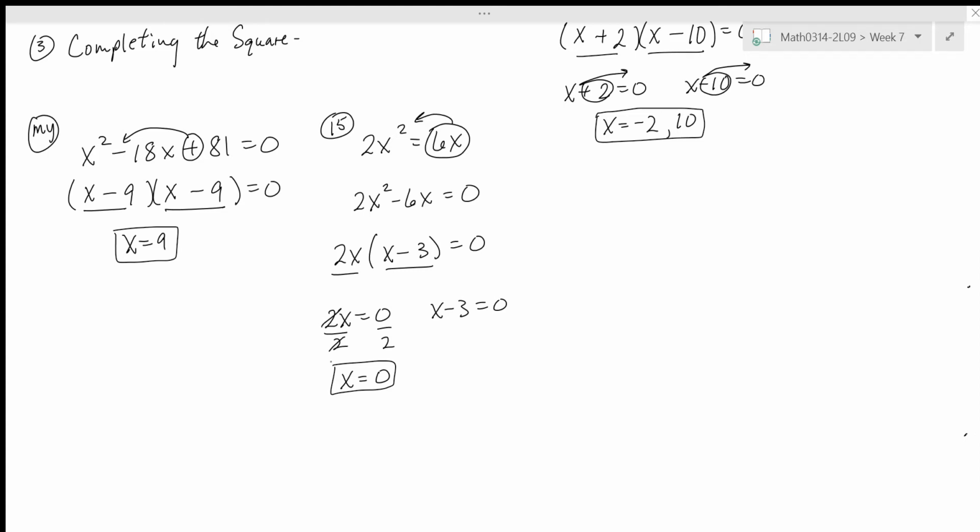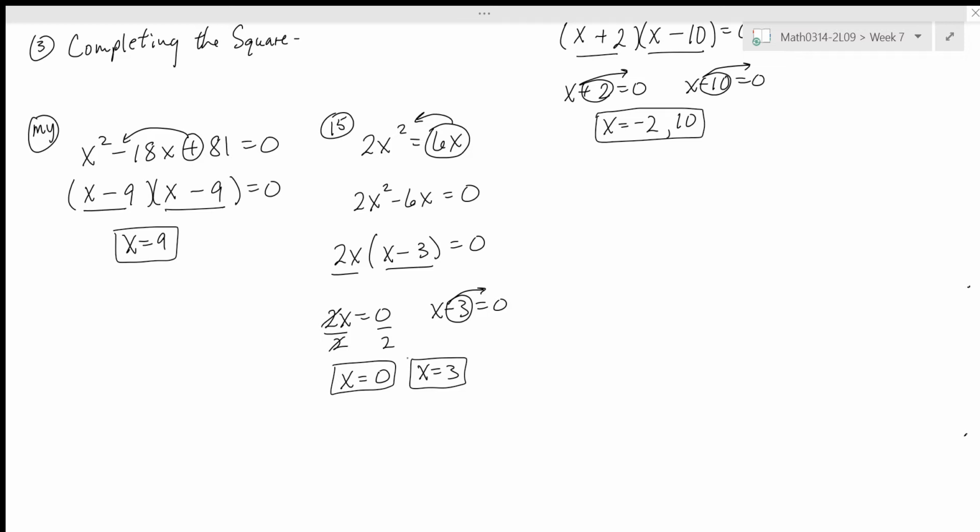Anybody want to guess what number that is? 0. You can't divide by 0. But 0 divided by anything else is 0. And for the other factor, we're going to move minus 3 over. And guess what? We get two answers again. Yay. Anybody have any questions about that?